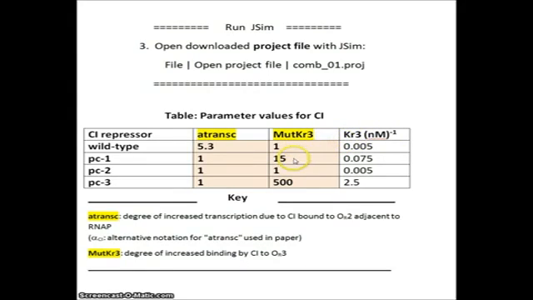So the degree of increase for PC1 is 15 times 0.005 to take it to 0.075 nM^-1. PC3 in particular binds very tightly to OR3 and dramatically decreases transcription. So we want to look at how we can incorporate these changes of transcription parameters in our model.